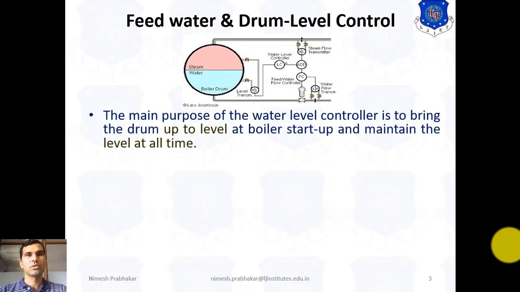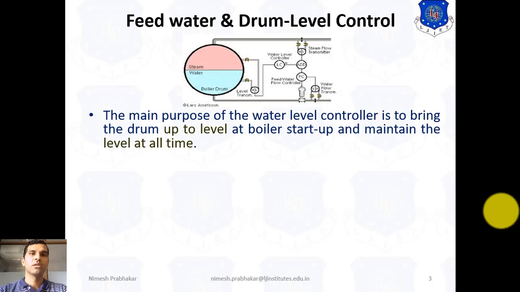What is the purpose of this drum level control system? First of all, this question occurs in our mind. The main purpose of the water level controller is to bring the drum up to level at boiler startup and maintain the level at all times.